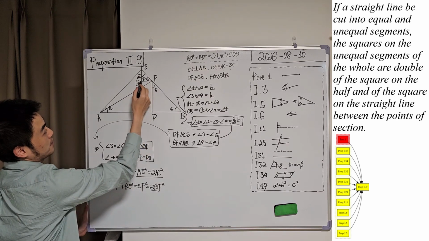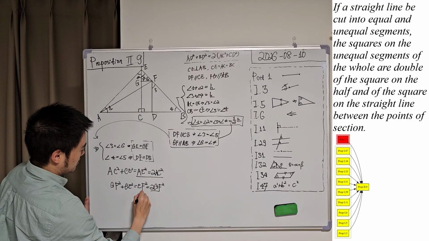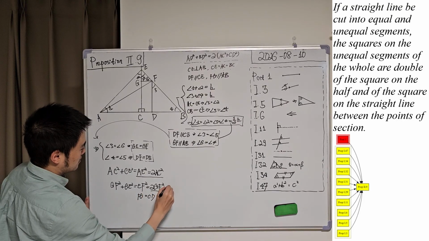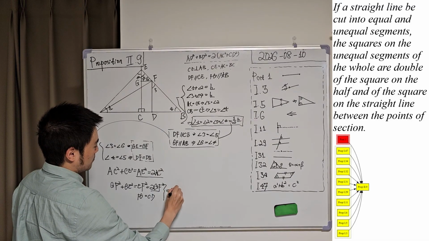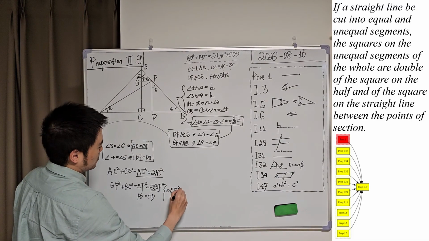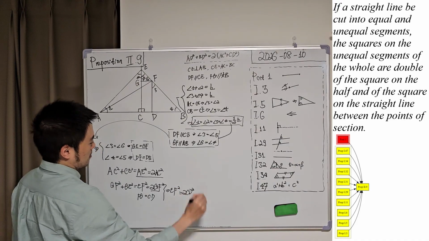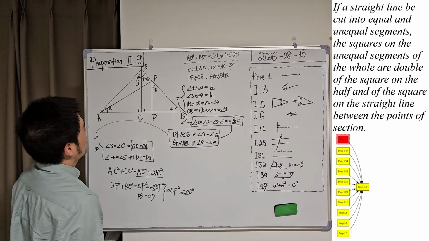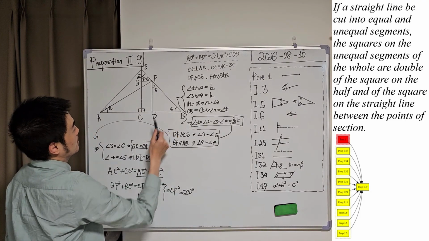So we know that FG is equal to CD, correct? And if we combine these together, we can conclude that EF square will be equal to twice CD square, correct?